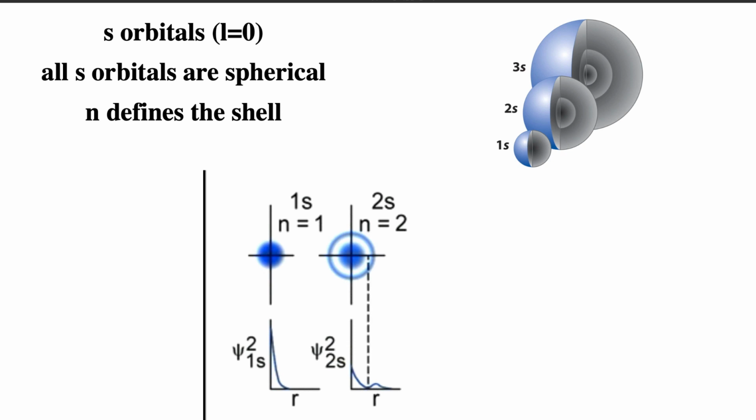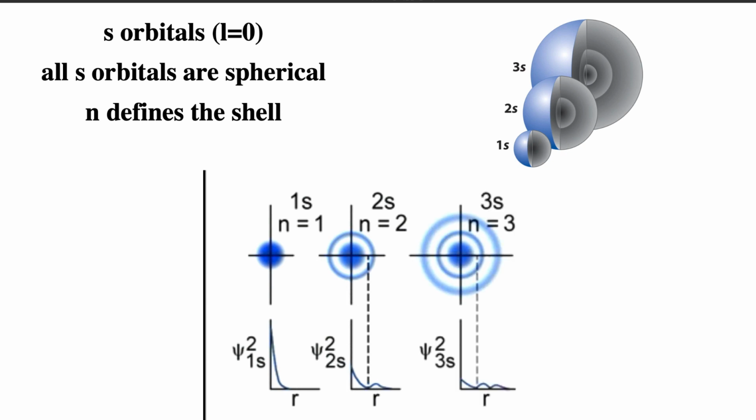The spherical shell around the nucleus where the electron density is 0 is called a node. When n equals 3, there are 2 radial nodes. In summary, s orbitals of differing major quantum number have the same spherical shape, but differ in overall size and the number of nodal surfaces.